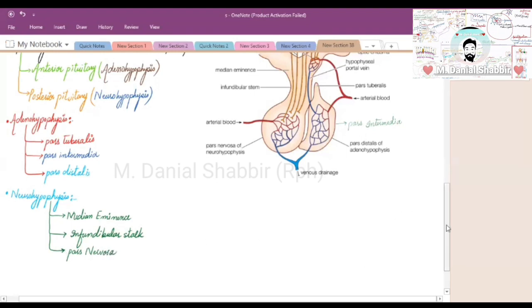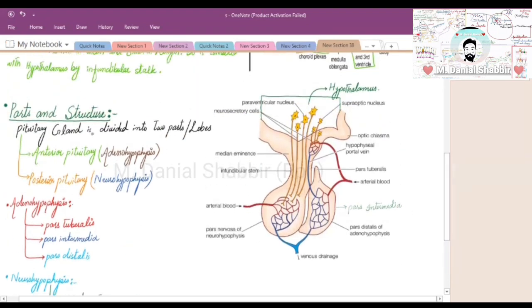Now I am going to show all these parts in this diagram. Pituitary gland is divided into two parts, anterior pituitary and posterior pituitary. Anterior pituitary is also called adenohypophysis, so it has been written pars distalis of adenohypophysis.